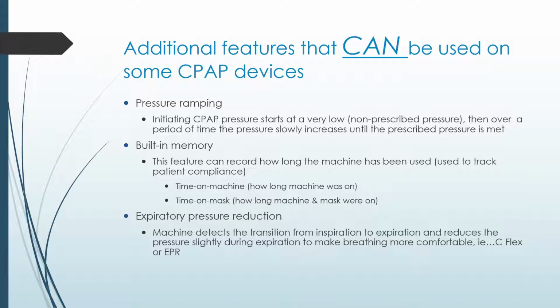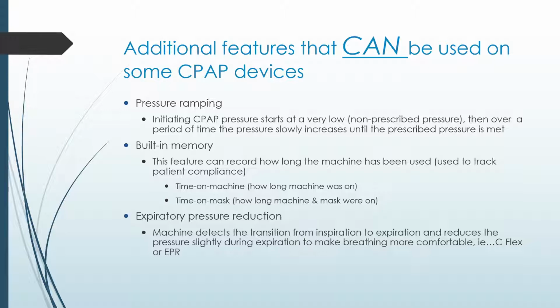But the memory, they can do little chips or little memory cards, and they can download the data on that, and then their physician or their durable medical equipment can download that data to track patient compliance. A lot of insurance companies base their reimbursement on the patient compliance, and we're going to talk more about that later as well.